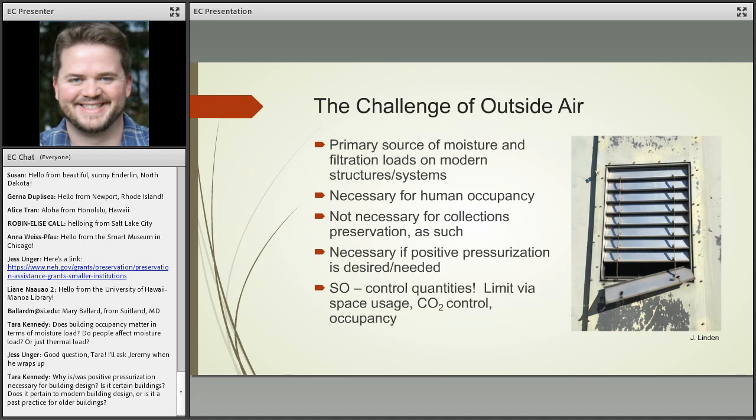We can do a whole lot of work to work on control, to work on quantities. But if you go up to the roof and you realize that the damper is actually broken, it doesn't matter what you type into the computer and what percentage of outside air you say you want, if all the air is going to come in anyway, you're pretty well stuck in terms of the ability to control moisture coming into that system.